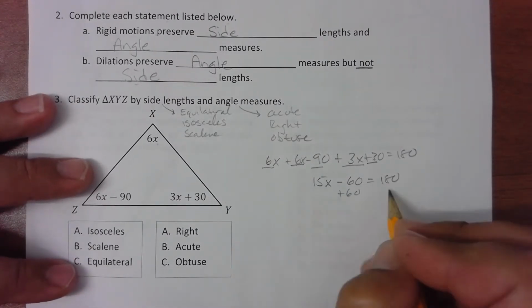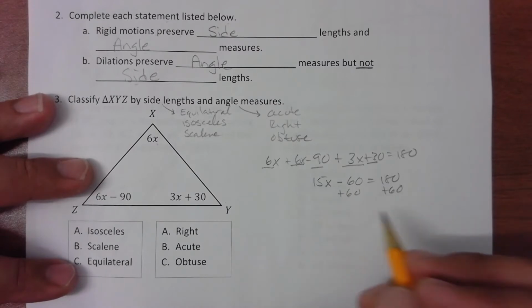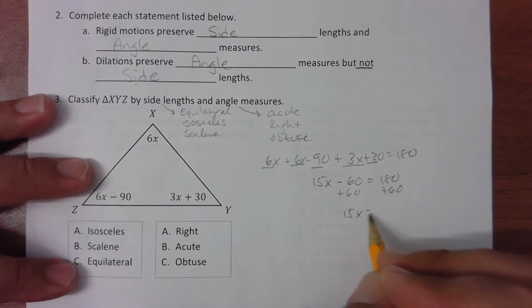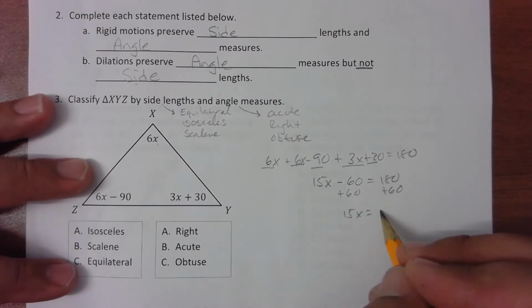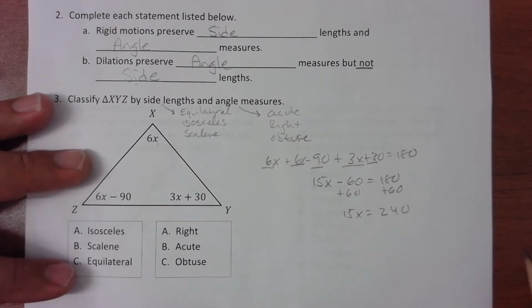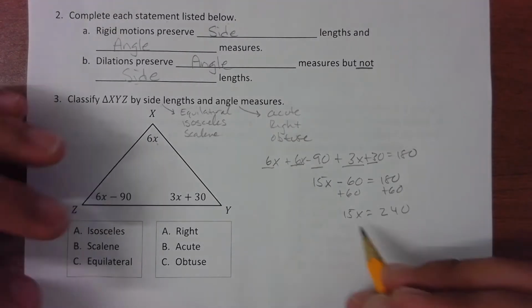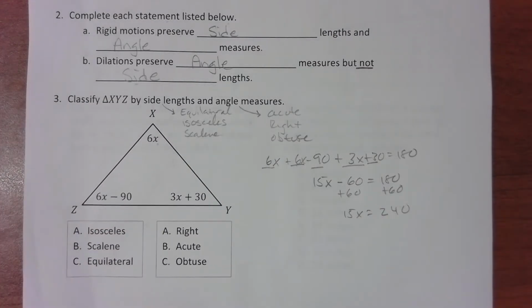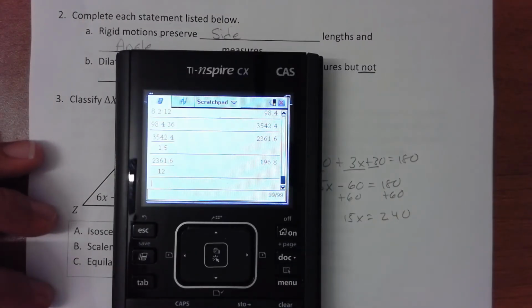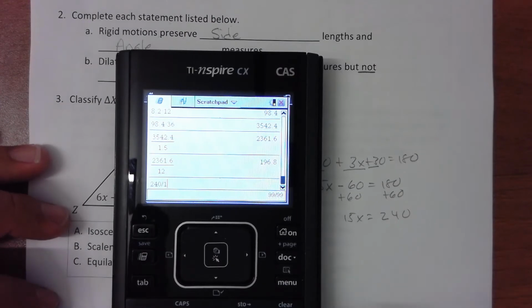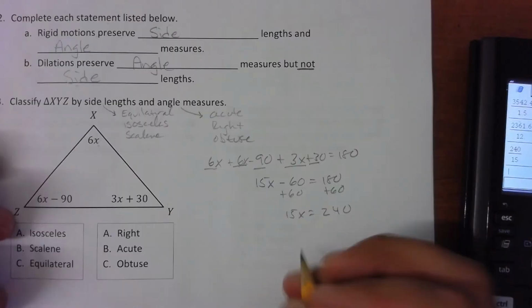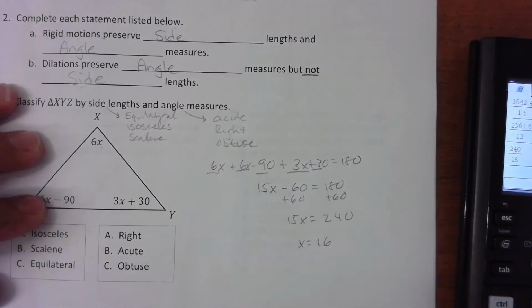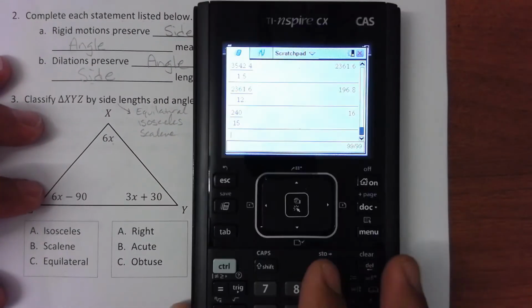Add 60 and you get 15x equals 240. 15 goes into 240 16 times. X equals 16. So now we have to figure out all my angle measures.